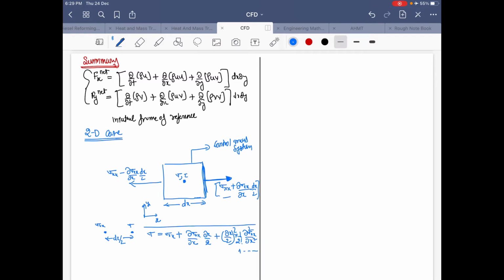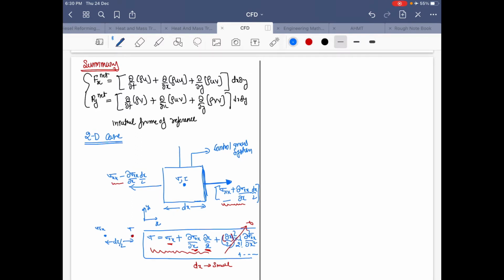Since dx tends to be very small, its square will be very small, so we can neglect this term and we will be left with sigma at this node equal to sigma xx plus del sigma by del x into dx by 2. Basically this is what I have written here, and similarly for this term.